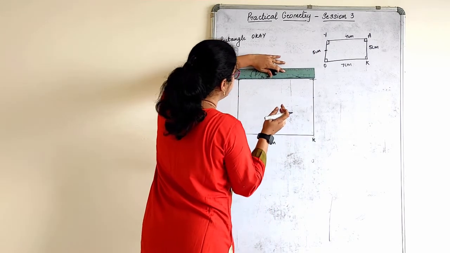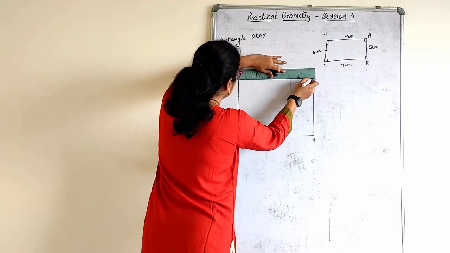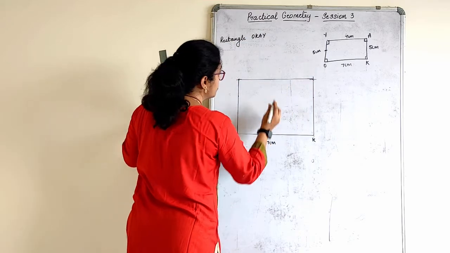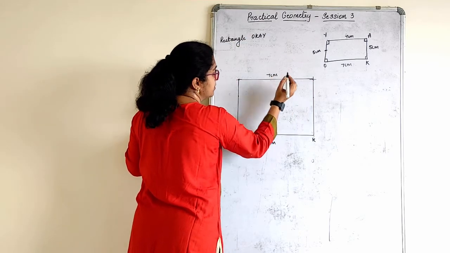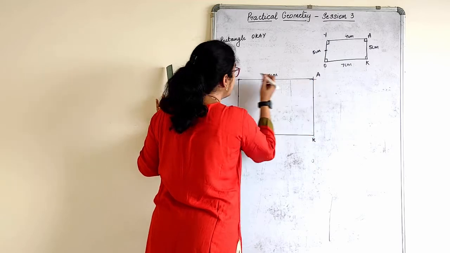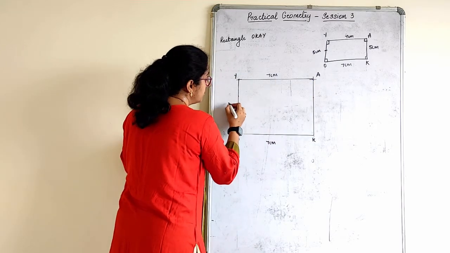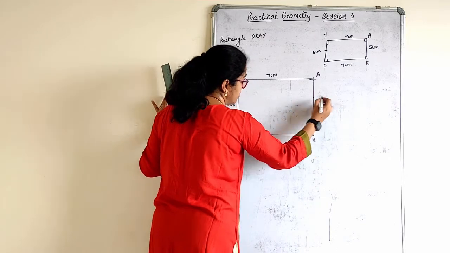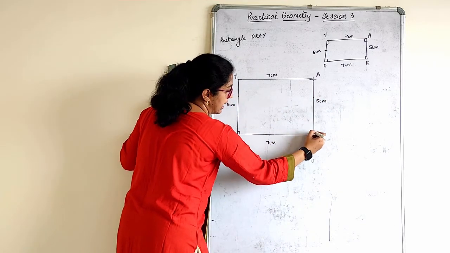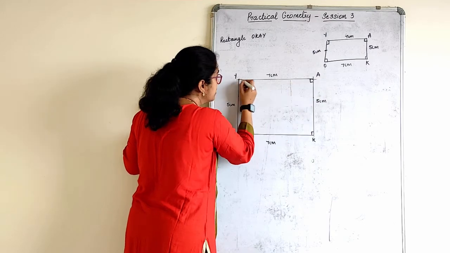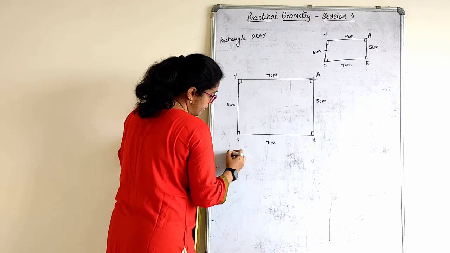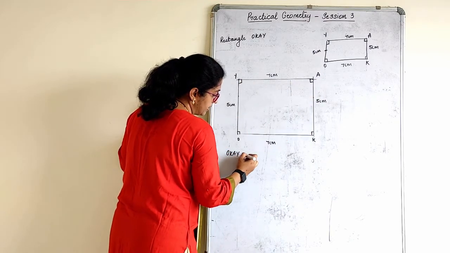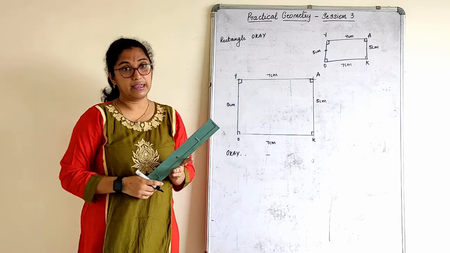Okay, join them. So 7 centimeter. This is O, K, A, Y. So this is 5 centimeter. This is 5 centimeter. And please mark the angles since it is a rectangle. Therefore, OKAY is the required rectangle.